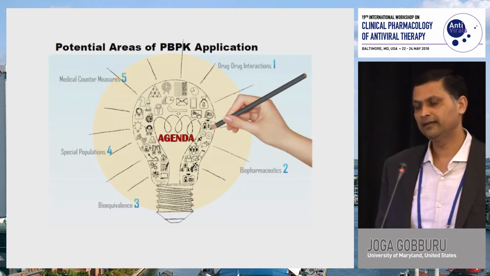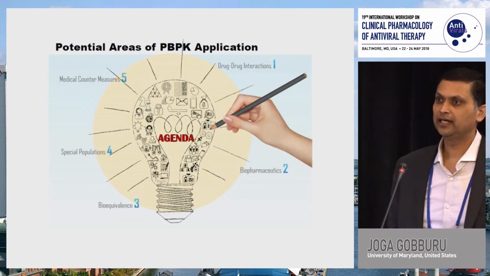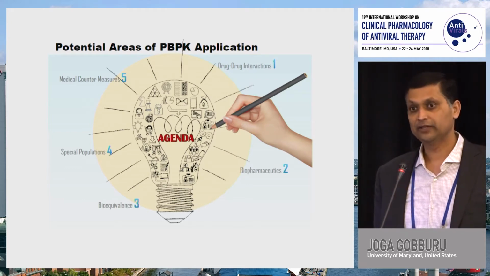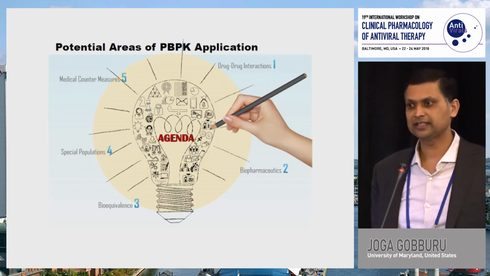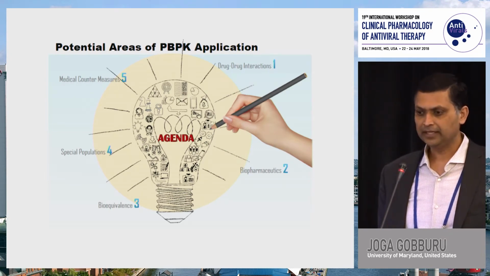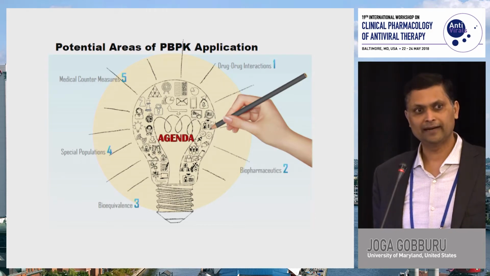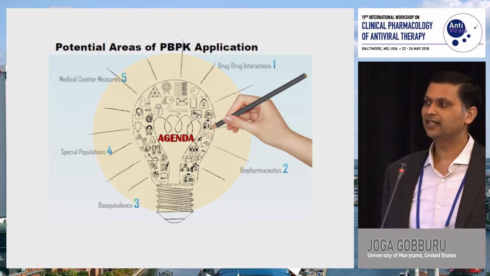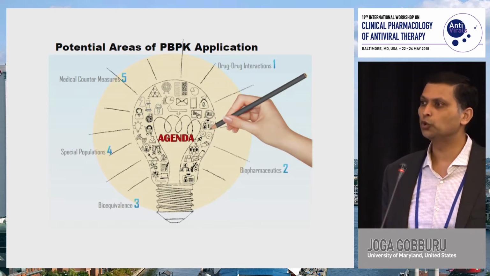There are, in my opinion, 5 areas of application of physiologically based pharmacokinetics. The first one is drug-drug interactions, and I think that is what you will hear from the next speakers. I would like to have something clarified upfront. This is application to drug development, meaning your approach, PBPK, for example, or any other, is a tool. You're not going to get a decision out of that tool.